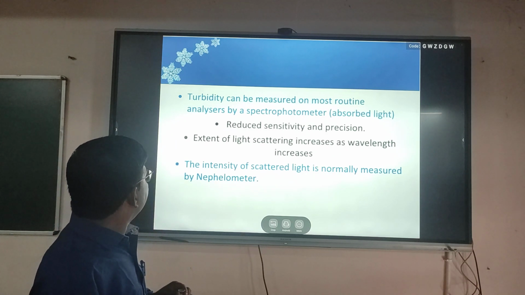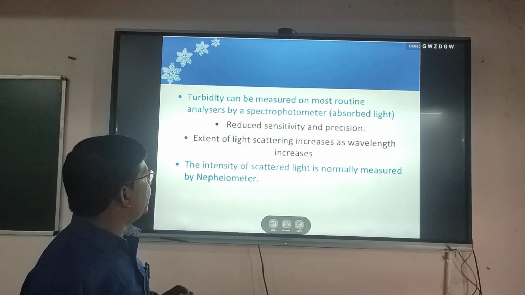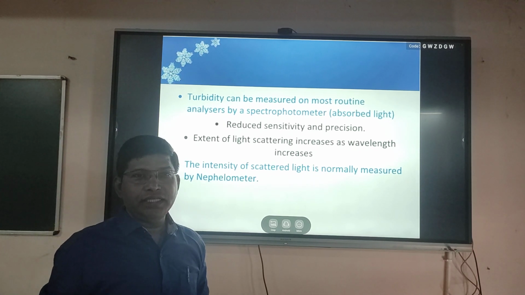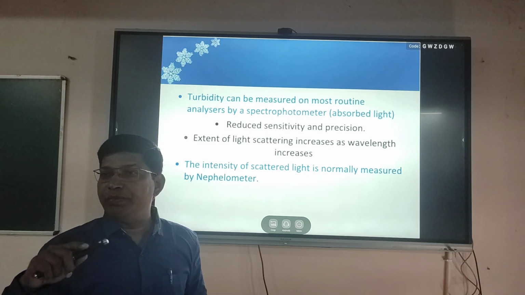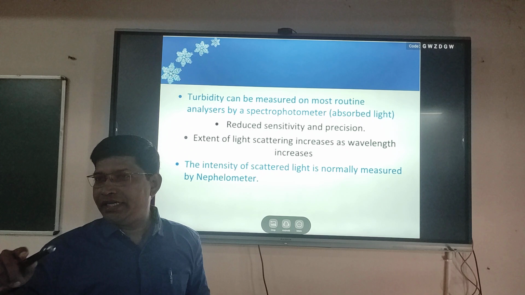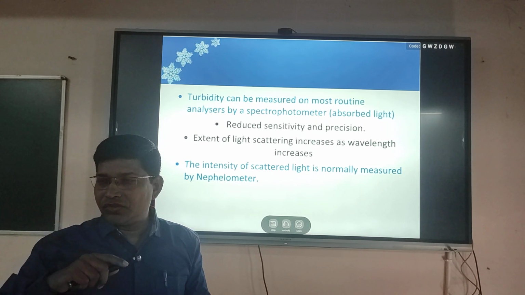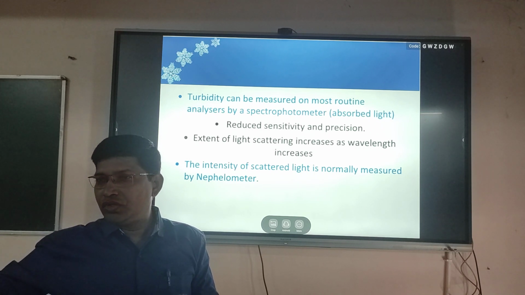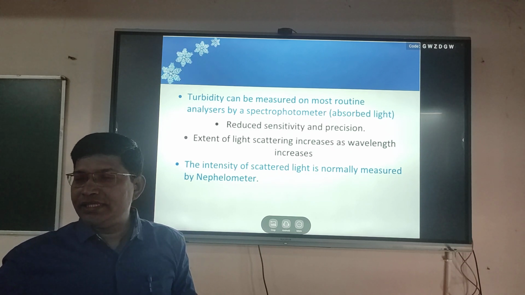Another point is the extent of light scattering increases as the wavelength increases. We understand wavelength from VIBGYOR: violet, indigo, blue, and so on up to red. If we go from violet to red, there is an increase in wavelength.